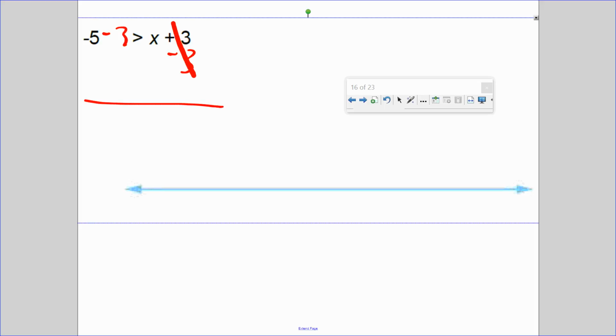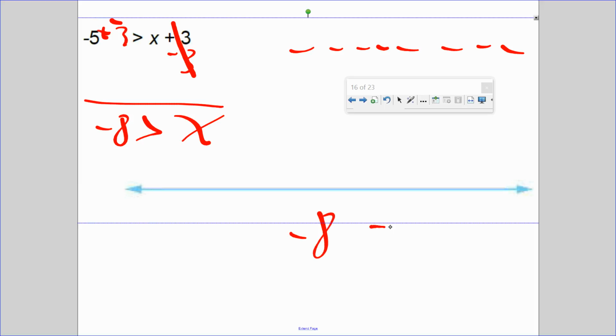You have negative 5 minus 3. That's negative 8. Remember, you add the opposite. So it's negative 8. So this is negative 8, negative 7, negative 6, negative 9, negative 10. So negative 8 is bigger than all of these x's.